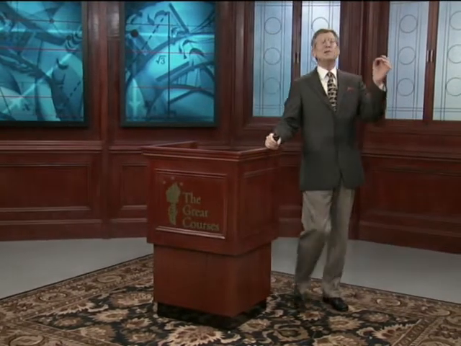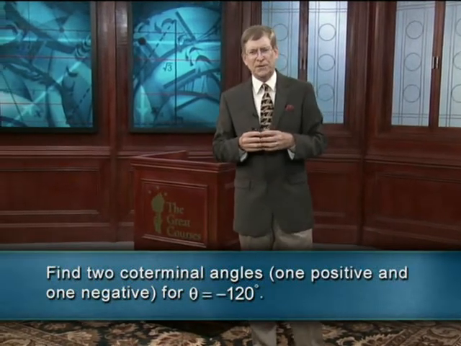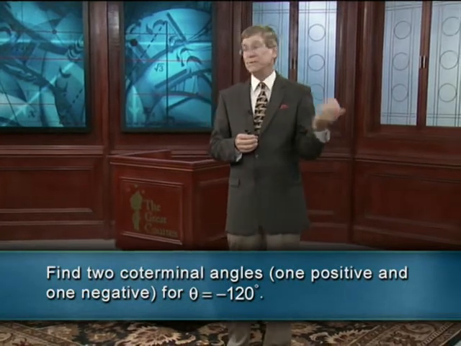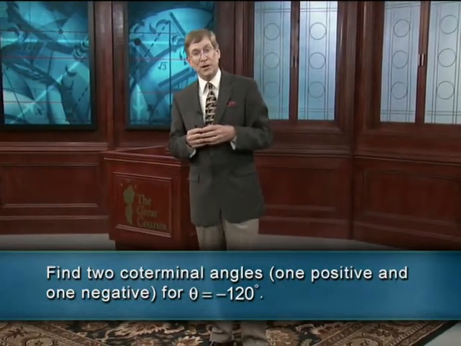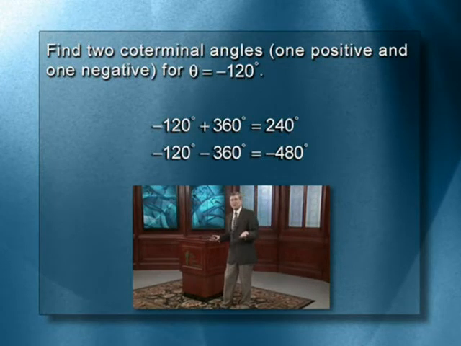All right, let's do some examples. We talked about coterminal angles. Let's try to find 2 coterminal angles, say one positive and one negative, for the angle theta equals minus 120 degrees. And then I'll show you a picture. Well, all you have to do is add 360 or subtract 360.